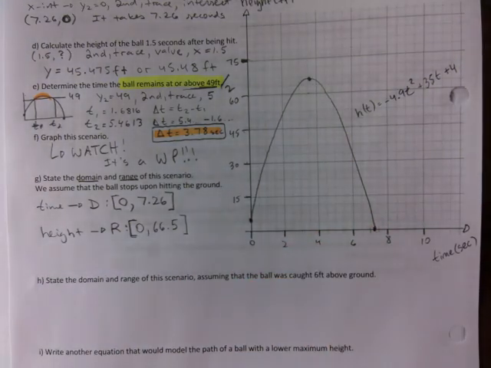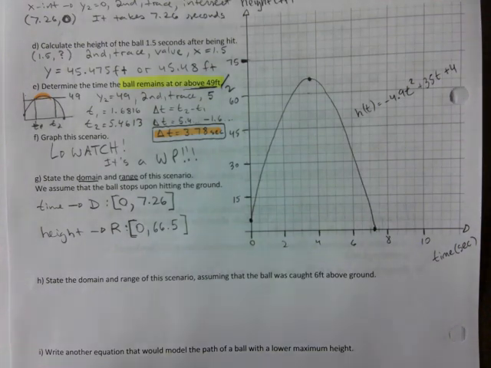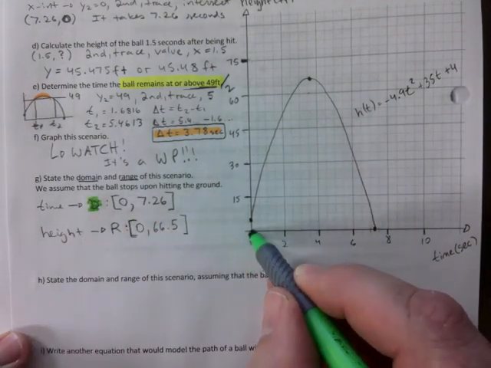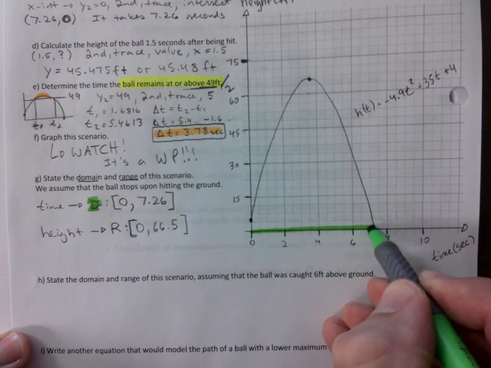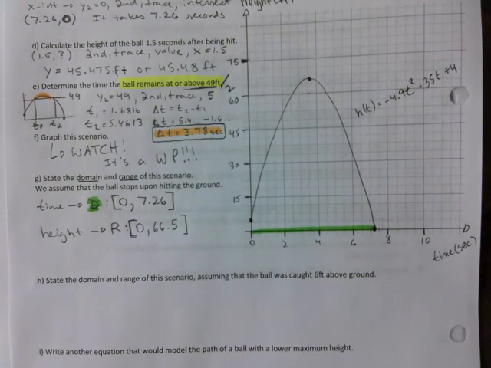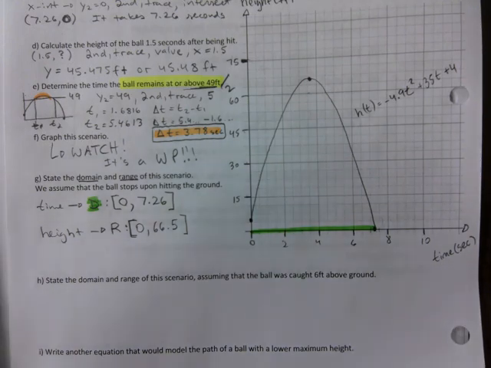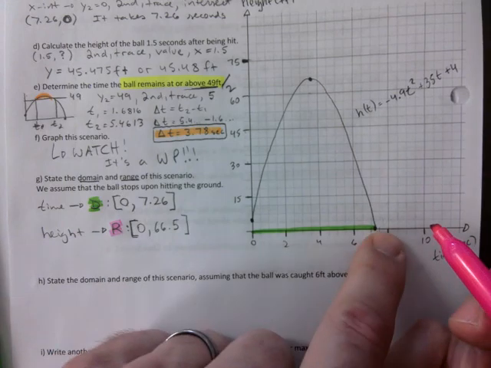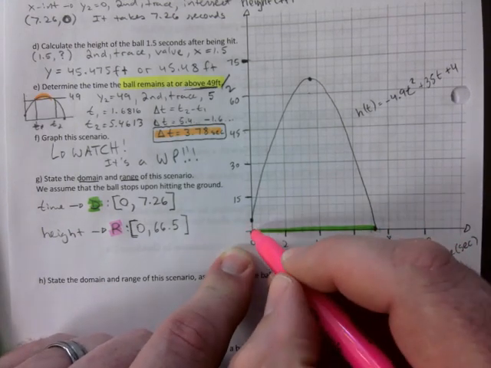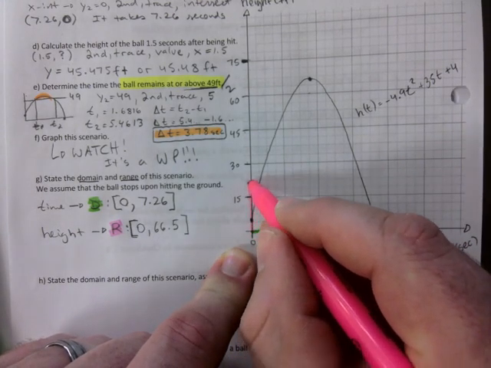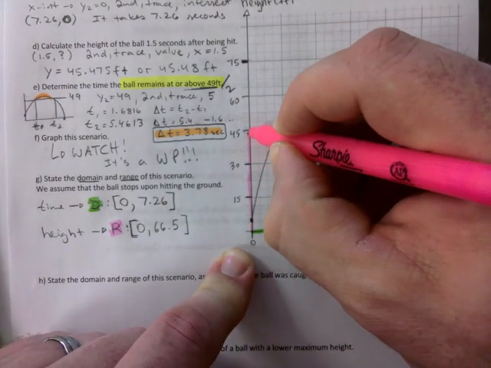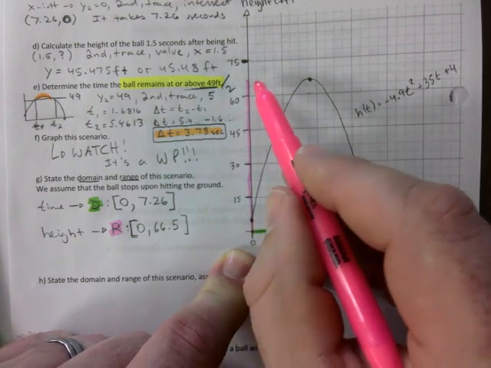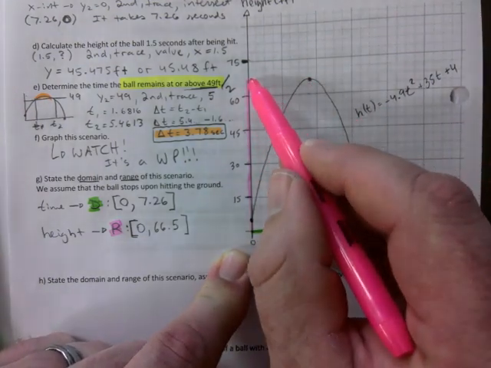I will do this. I don't know if I did this in the notes, but for the domain here, it's basically and for the range, you kind of look, where's the graph? It's still there at 0. So you keep going until you reach that highest point right here. So I'm going to actually do this.